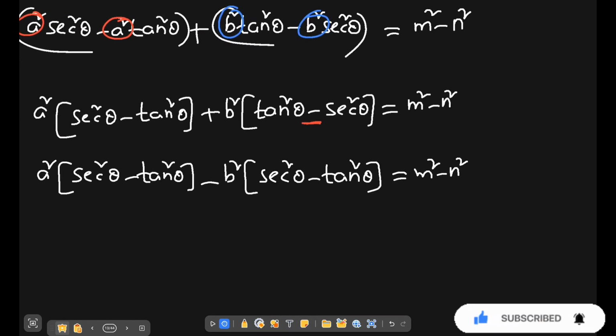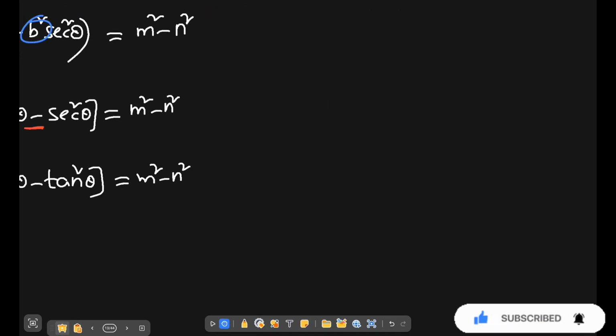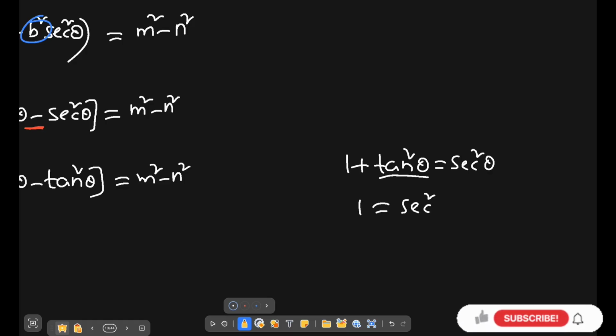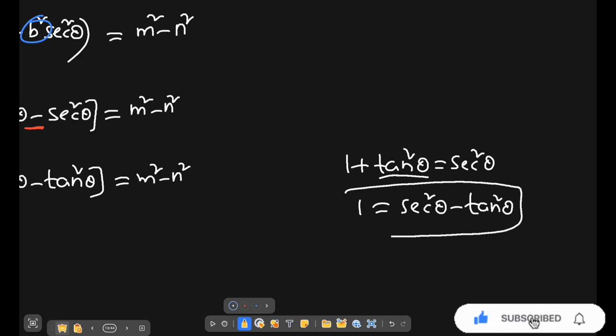What is this sec square theta minus tan square theta? From the second identity: what is the second identity? 1 plus tan square theta is equal to sec square theta. If we send tan square to the right side, 1 is equal to sec square theta minus tan square theta. So therefore, in place of sec square theta minus tan square theta, we can write 1.